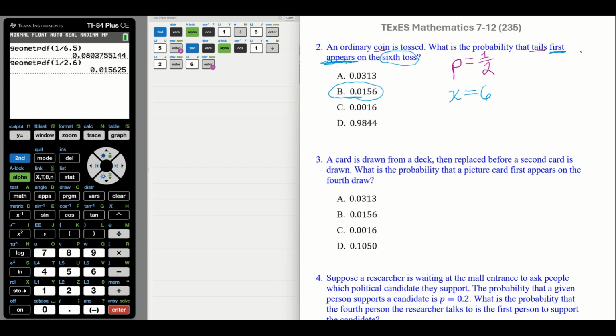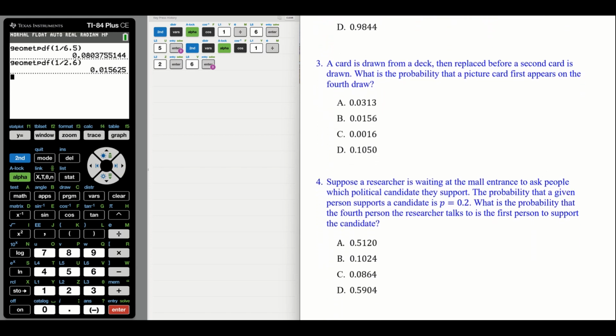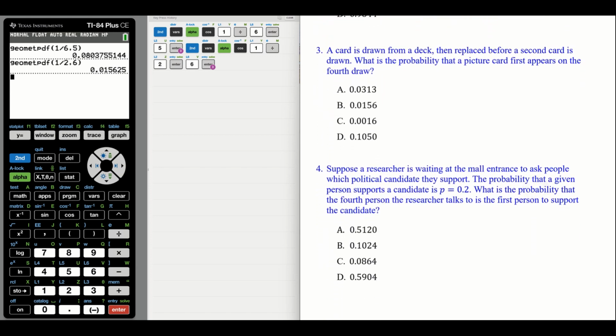Let's do number 3. I'll scoot up so we don't have to. Number 3, a card is drawn from a deck, then replaced before a second card is drawn. What is the probability that a picture card first appears on the 4th draw?